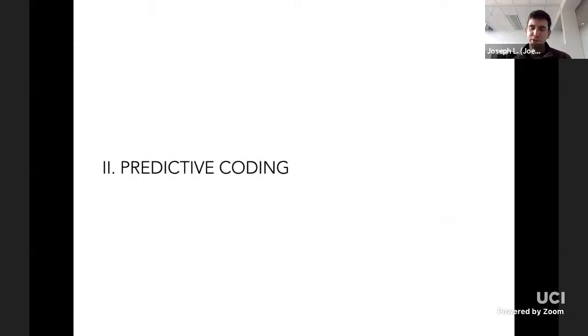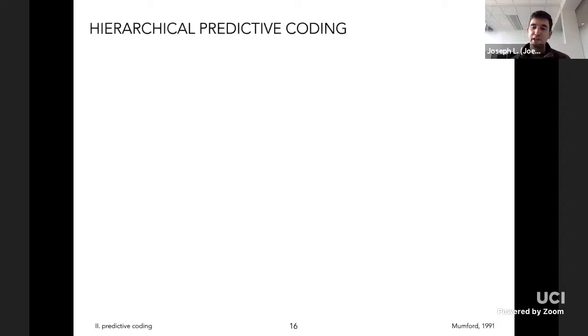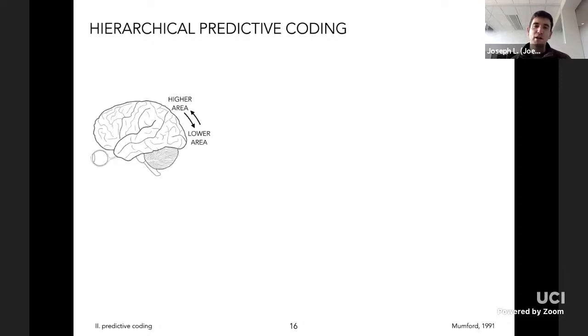So this brings us to predictive coding, which is this theory that really goes back to cybernetics, but was more developed in the early, mid, and late 1990s. The idea can be traced back in some form to this paper from David Mumford, in which you consider a cortex which has these higher areas and lower areas.